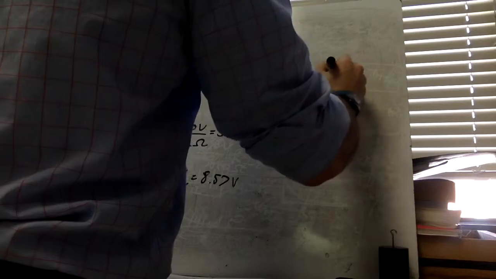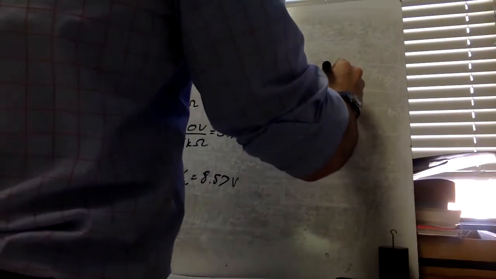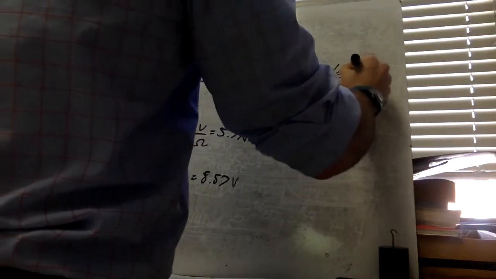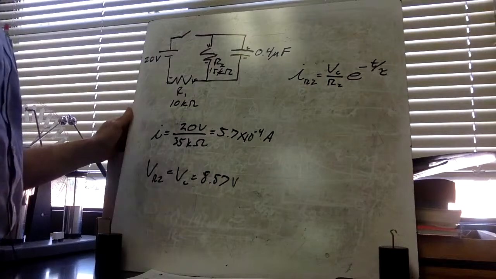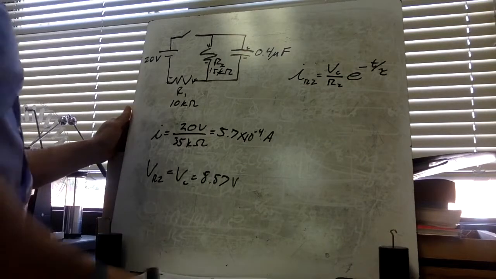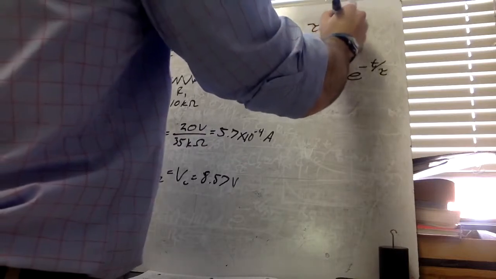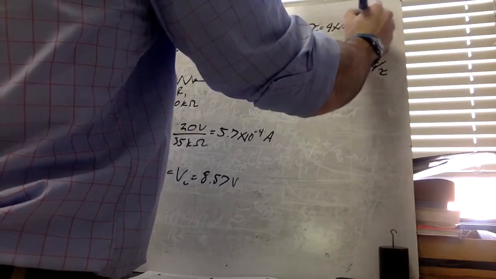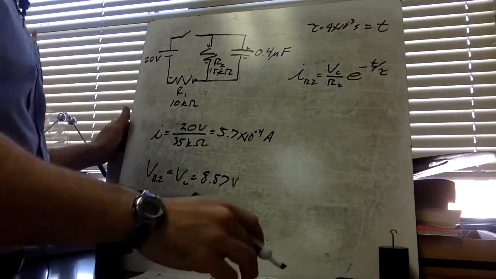So V on the capacitor, which is equal to the voltage on R2, divided by R2 times e to the negative t over tau. All right, now when I go to find the time constant, I find that the time constant is 4 times 10 to the negative third seconds. That is also the time t that we're asking for in this.